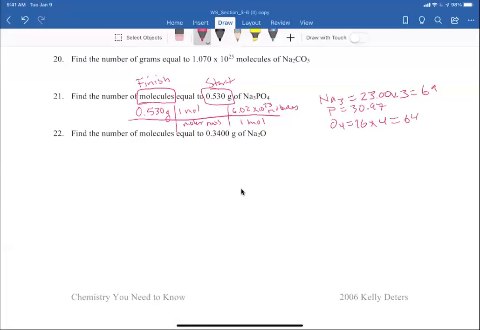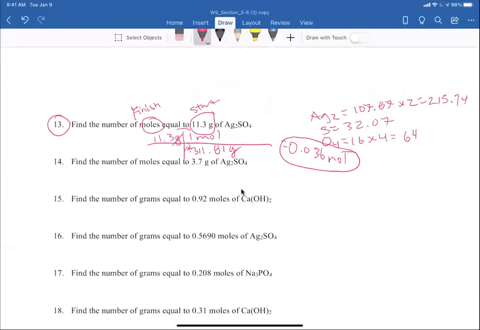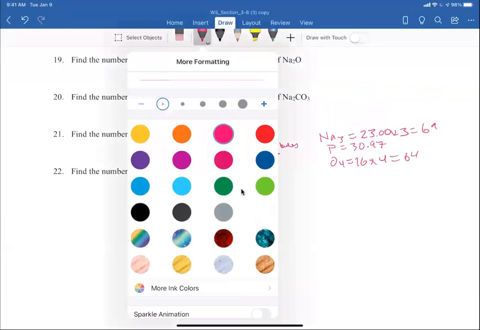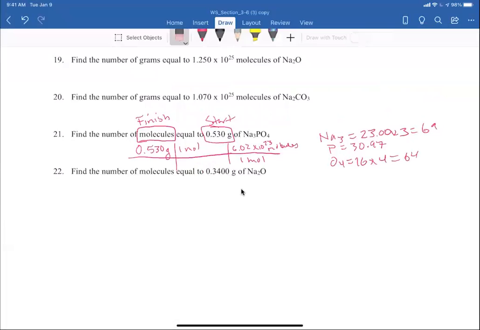Okay, and we're going to do 69 plus 30.97 plus 64. And that should give us 163.97. So the molar mass is 163.97 grams. So grams and grams cross out, moles and moles cross out.